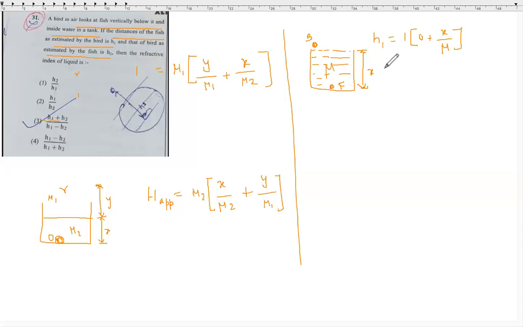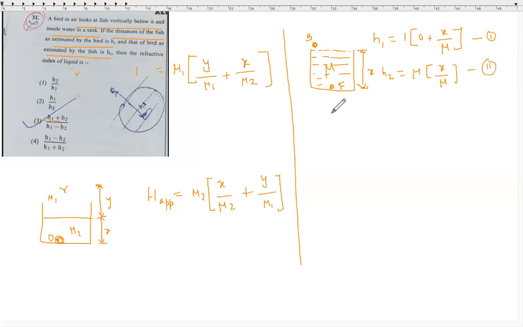Okay. Now h2 will be mu into x by mu. This is equation 1, this is equation 2.